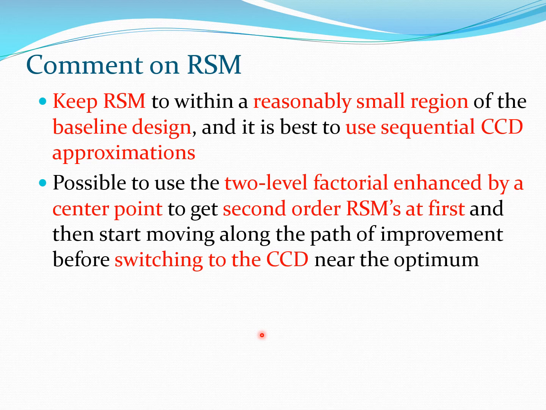And then as you slowly move toward a region which is more likely to contain your minimum point, you can switch to quadratic response surfaces with CCD. So various permutations and combinations are possible in the response surface method, and it particularly depends on the user who is developing this problem and also the domain knowledge of the user about the problem.